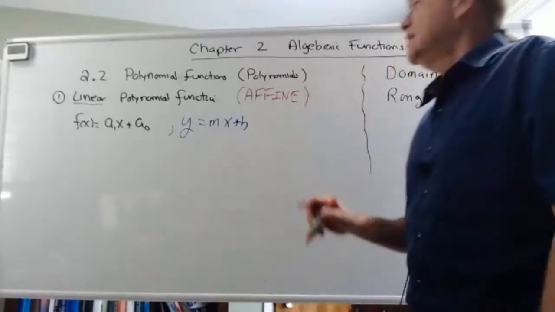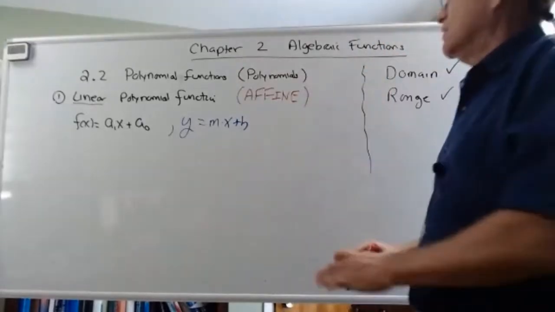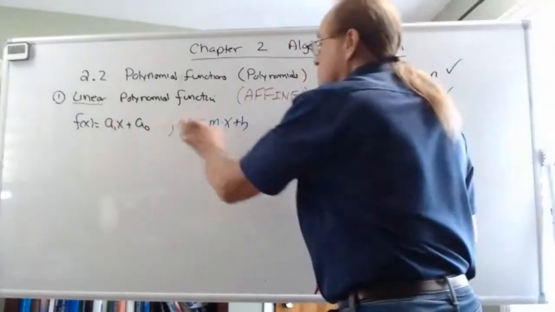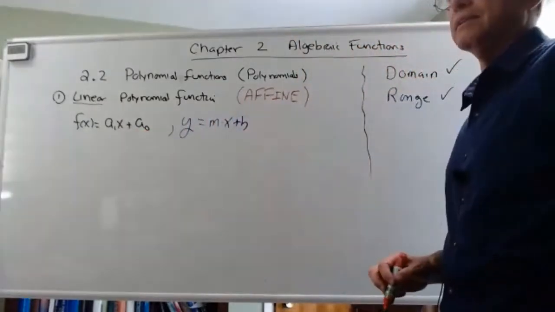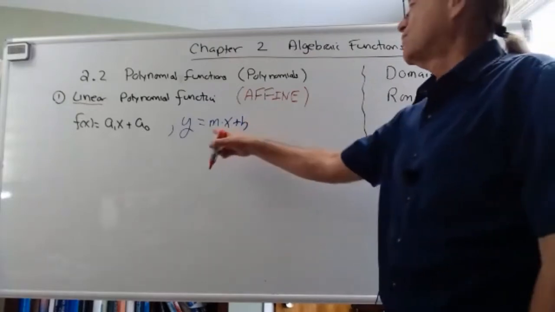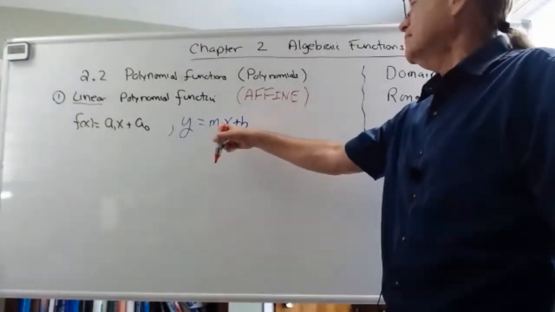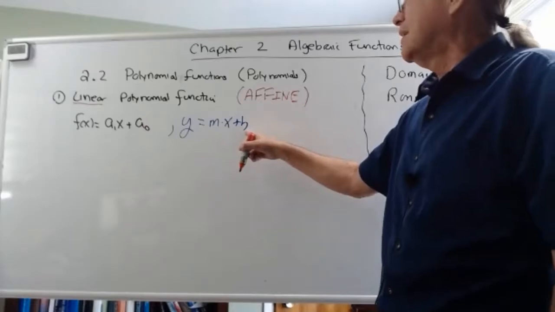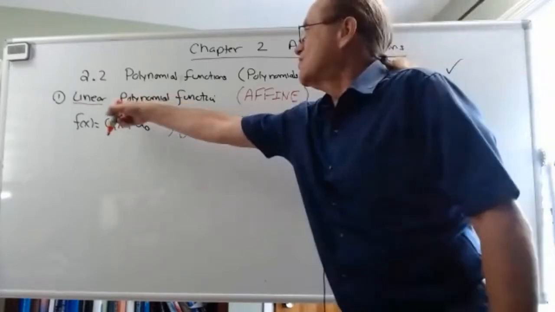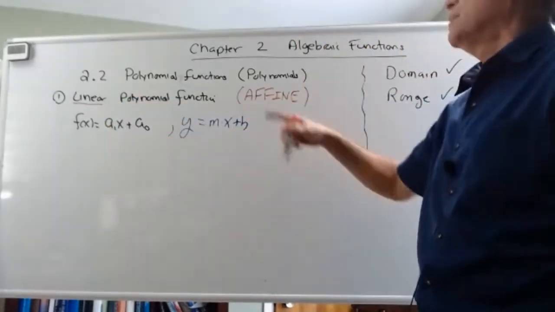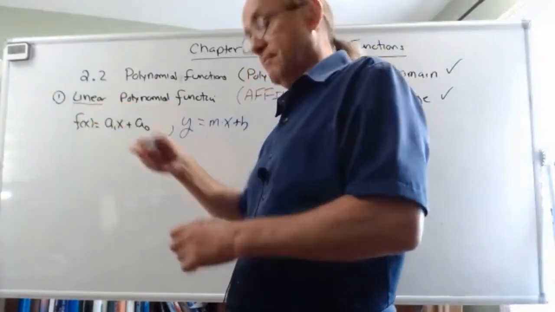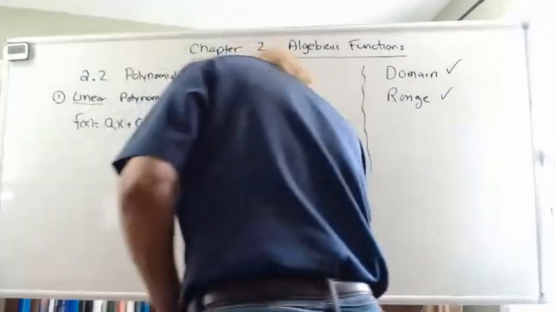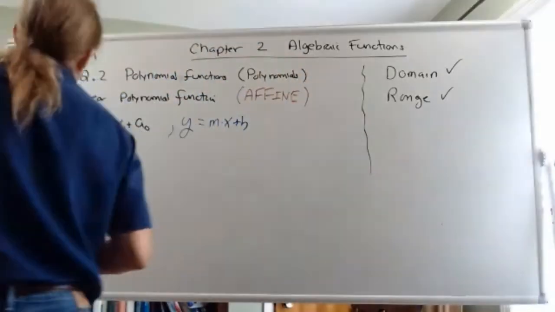To be truly linear, the a0 or the b would have to be 0. That's the only way to make it linear. As long as that b constant term is there, it's not technically linear, it's really affine. But we use linear because the graphs of these are always lines. So we have that common sense notion of that.